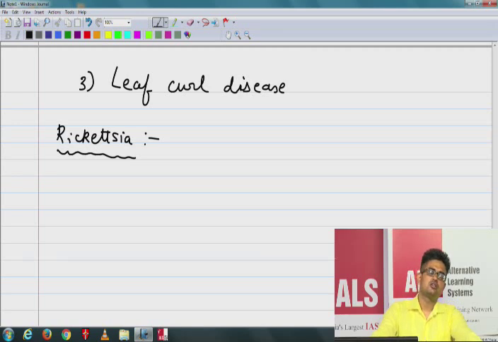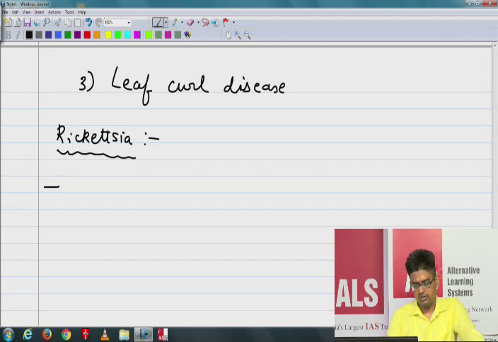There was a doctor by the name of Ricketts. He went to study this disease. He was bitten by a mosquito and he became infected by rickettsia and he died there. But his research became important before his death. So this organism was named in the honor of that doctor, Edward Ricketts. So it is called rickettsia.